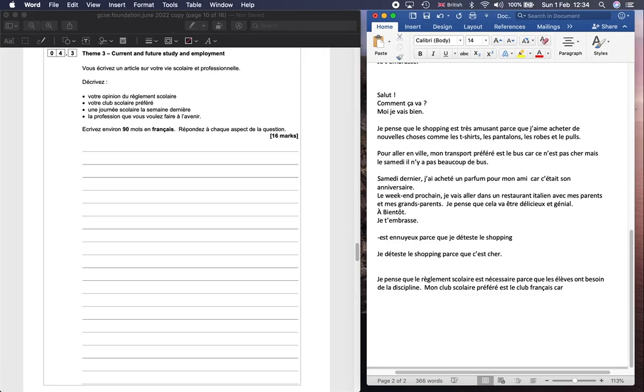Car, because I practice my French a lot and it will help me with my GCSE exam. Let's see. Mon club scolaire préféré, le club français, car je pratique mon oral and it will help me with my French GCSE oral.